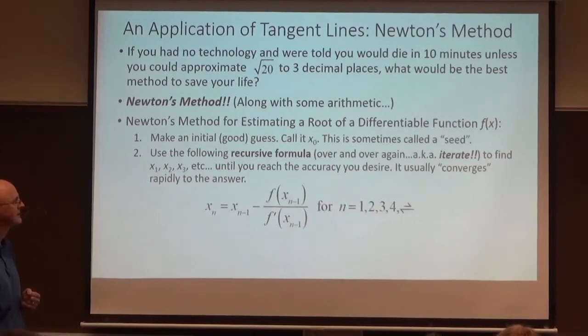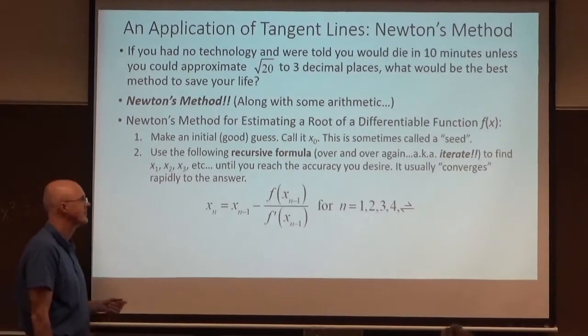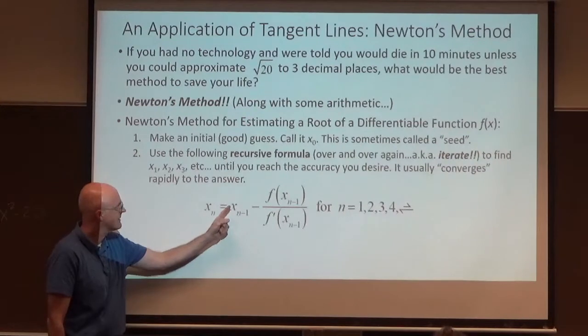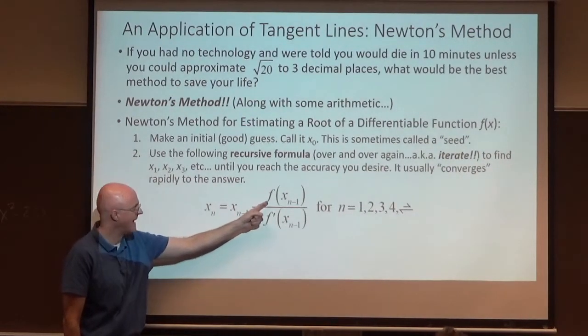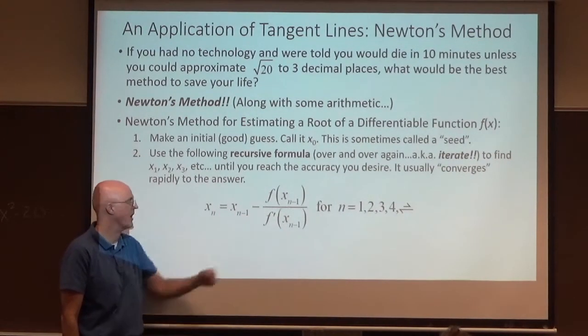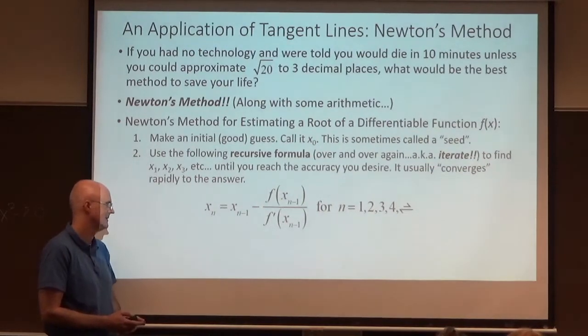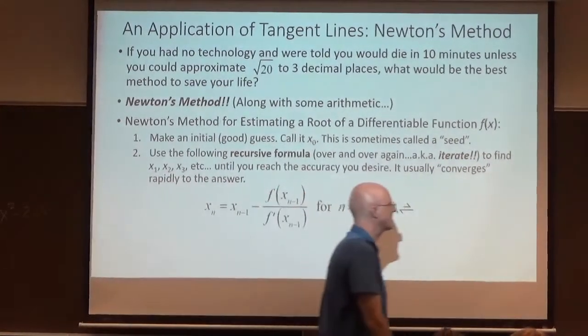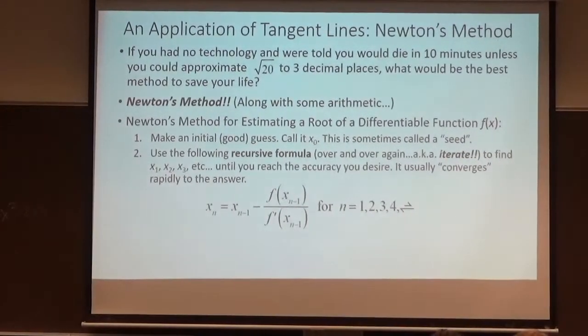Here's the formula. x sub n equals x sub n minus 1 minus the quotient f of x sub n minus 1 divided by f prime of x sub n minus 1. So in other words, you need to understand how to think about this formula.